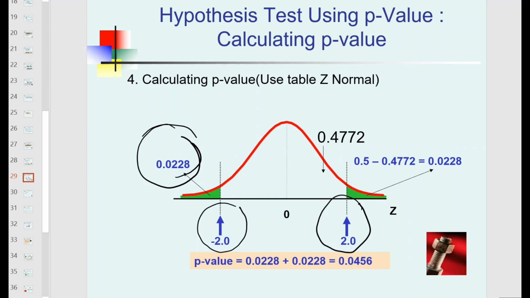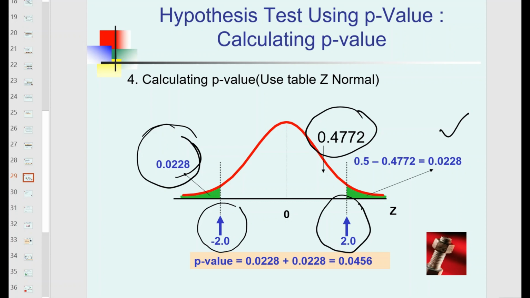On your left hand side, you calculate 0.5 minus 0.4772, so you still get 0.0228. So you can get this value from your Z table.